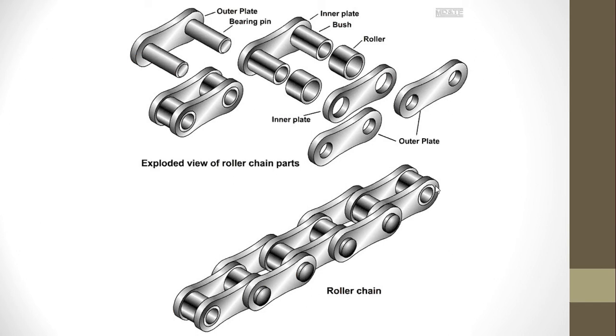When you disassemble it, you will find a lot of parts. The first part would be the outer plate, then there will be a bearing pin, a bush, and a roller, and obviously there will be plates, both inner and outer plates. All these things combine and form a roller chain that works.